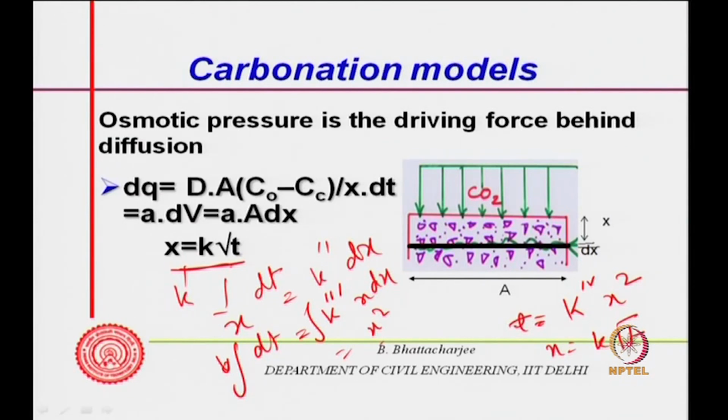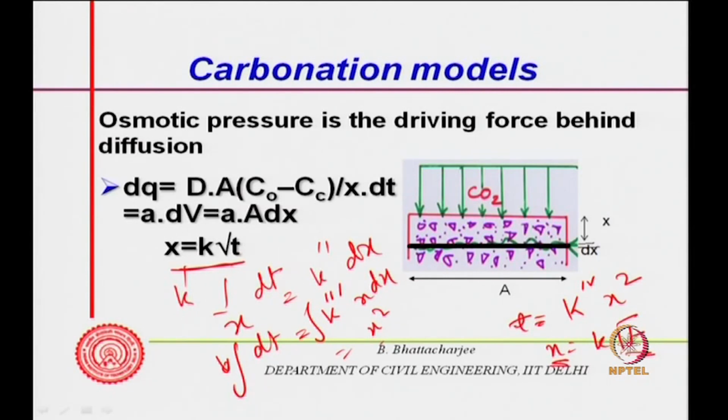Now, this model is a very simple model, absolutely simplistic, assuming the properties are all uniform after even carbonation, and it does not consider many factors. But one thing that comes out from this expression is that x is proportional to root t.